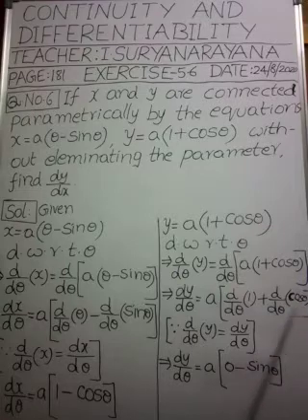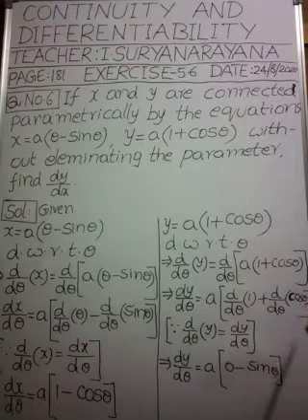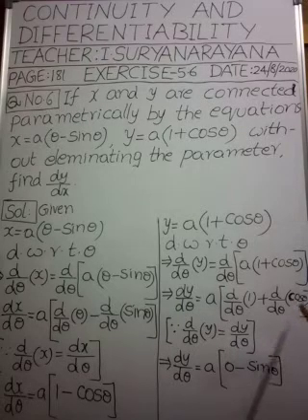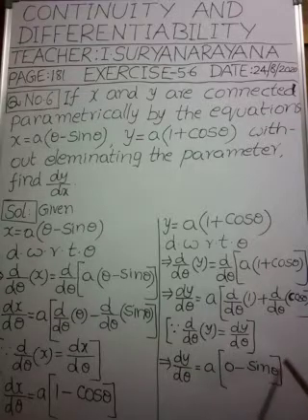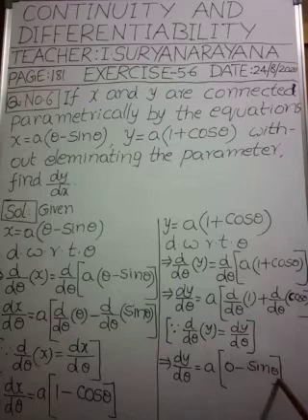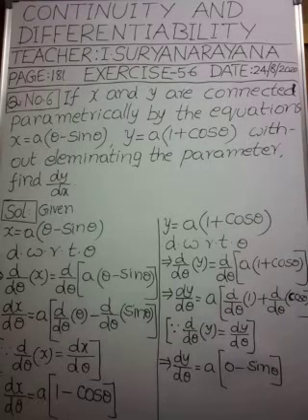If you observe this function, it is in the form of d by dx of cos x. Understood this part, my children? What is the formula d by dx of cos x? Minus sin x. So minus sin in the place of x, theta is there. So we wrote theta. Understood this part in RHS, my children? Right.